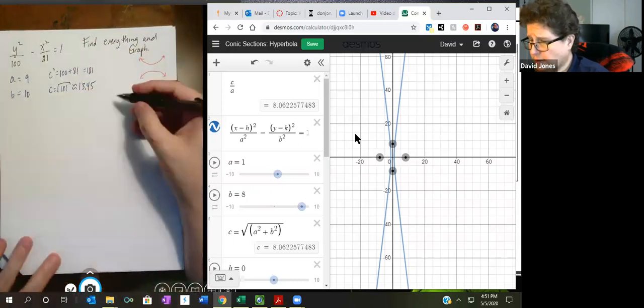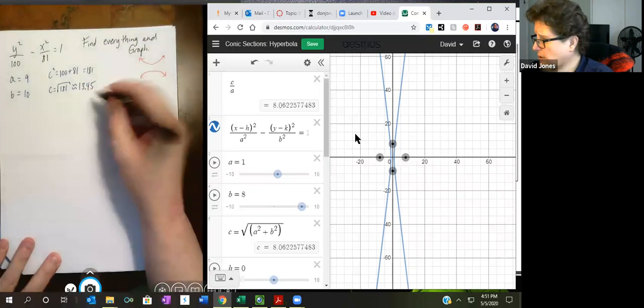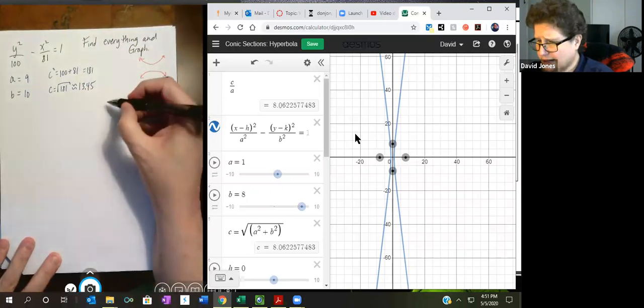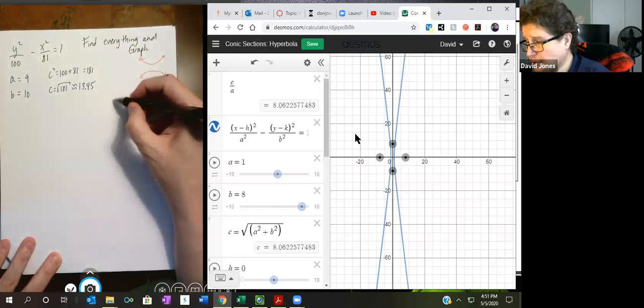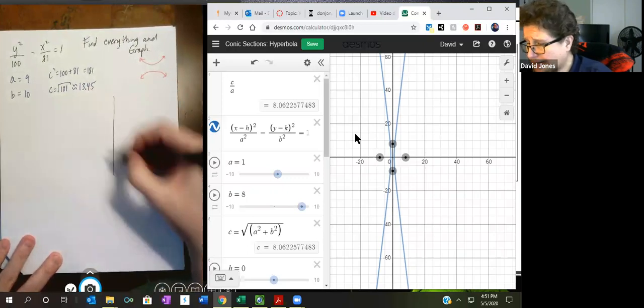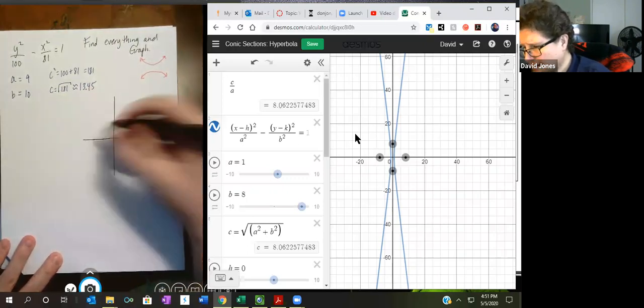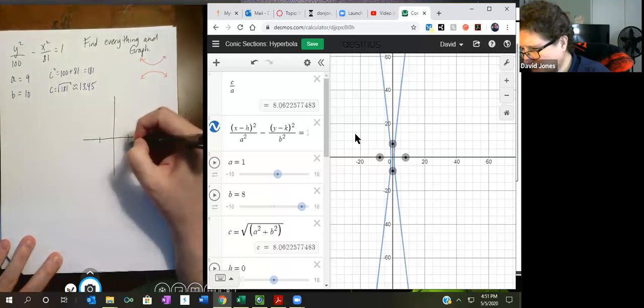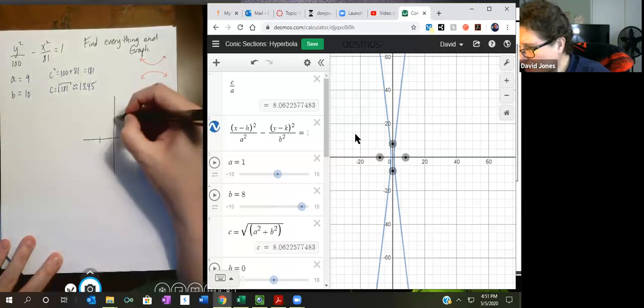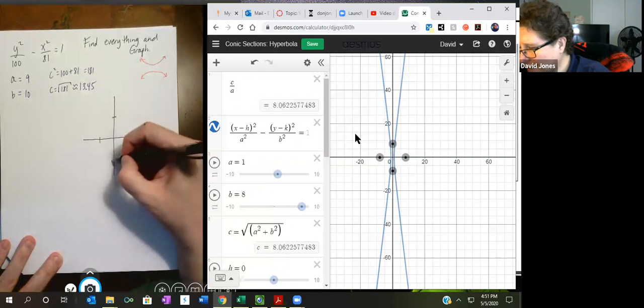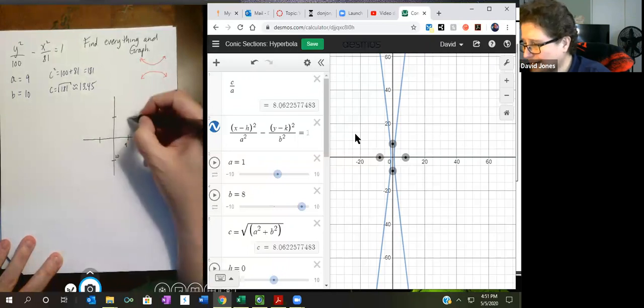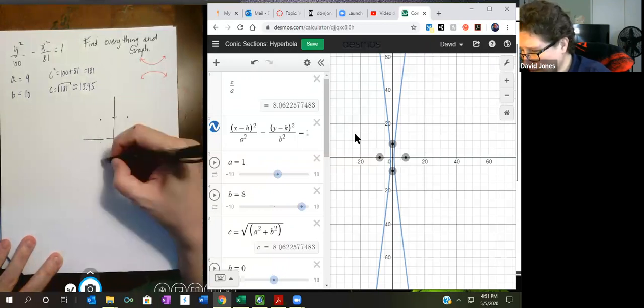So sketch it. Kind of sucks to sketch with that so big though, right? Let's say that's 9. And it should be a little bit bigger going up and down. That's 10. How's that? We'll skip putting the other things.